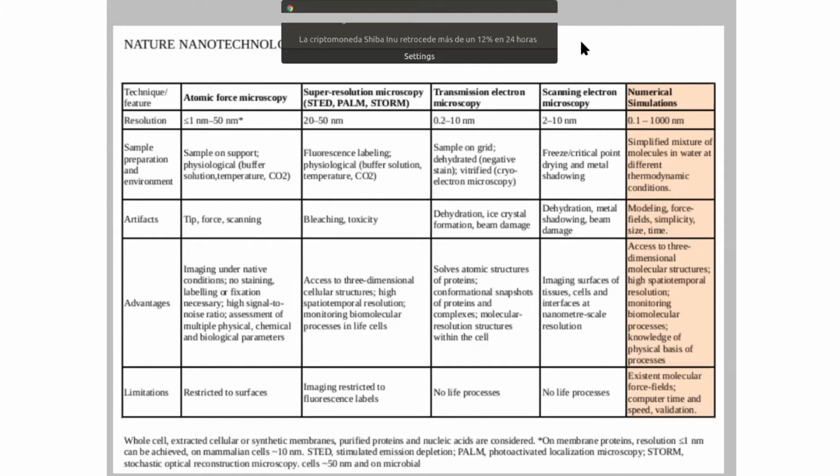If you have two of these techniques and one and the other are correlated, then you get more confidence in the results. I add this part, the numerical simulations, molecular dynamics and Monte Carlo simulations.